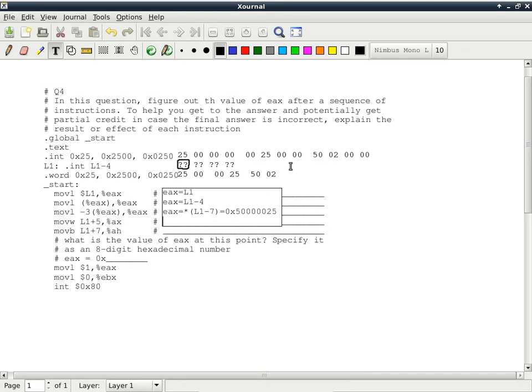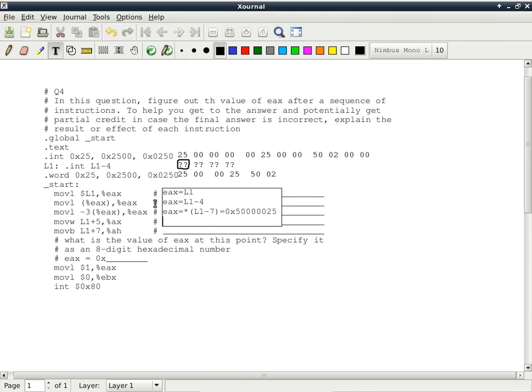What is the next instruction doing? What is the type of the first operand? It's a direct operand. It's a direct operand because it doesn't have any registers, doesn't have any parentheses, doesn't have a $ sign, so it is just a direct operand, which means we are dereferencing L1 plus 5 and copy 16 bits starting with that location to AX.